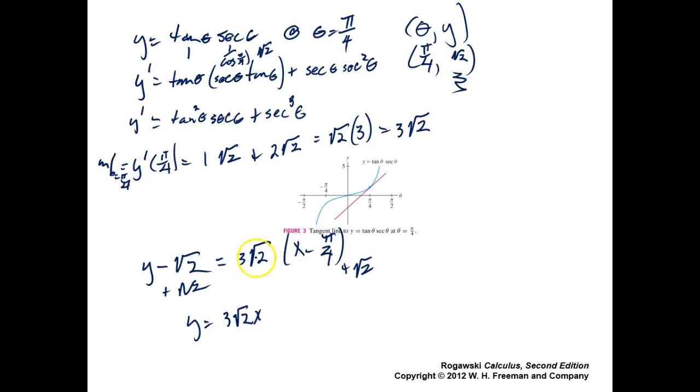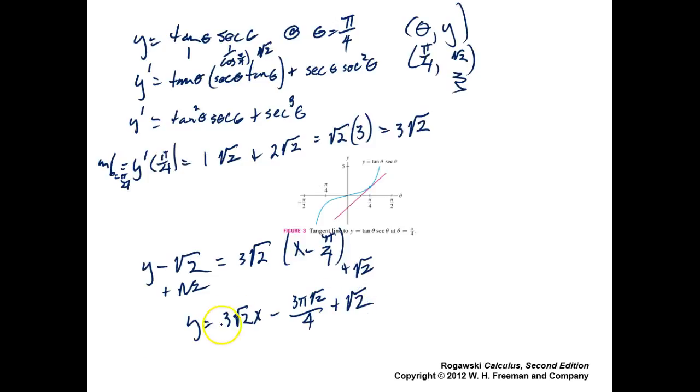But if you did this, 2 times pi over 4, times pi, minus 3 pi root 2 over 4, and then plus root 2.